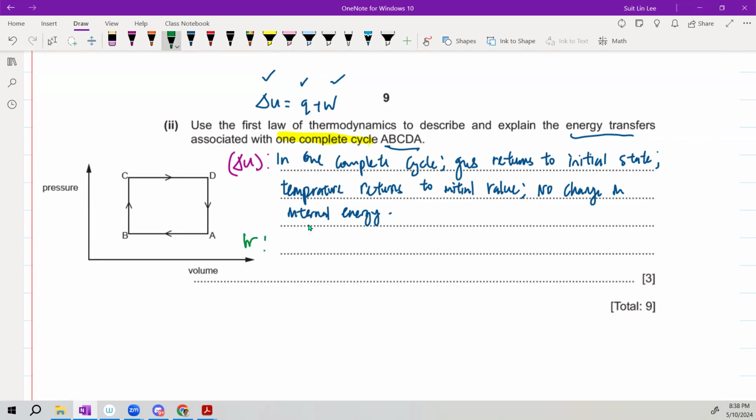Let's consider W. To consider W, I will need to consider the area under the PV graph, right? So WAB is this one, this area. And because volume decreases, this is positive WAB. Okay. And then there is another work done when you go from C to D at a higher pressure.